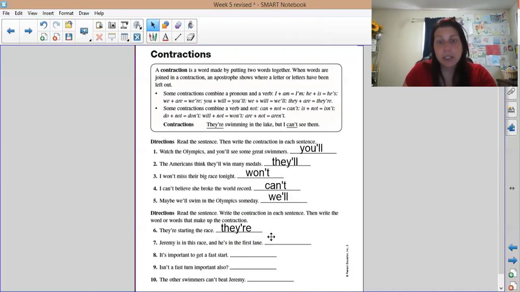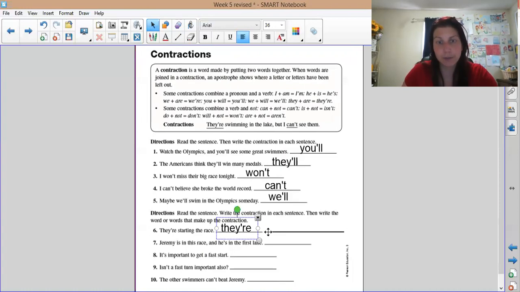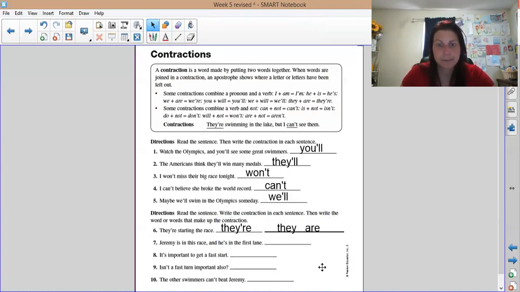So you can go ahead and extend that line if you want, if you are working on the worksheet. If not, I'm sure there's already extra space in your journal. You can continue on over and you can write they. Let me stretch my line out a little. And are, because those are the 2 separate words that make up that contraction, they and are.